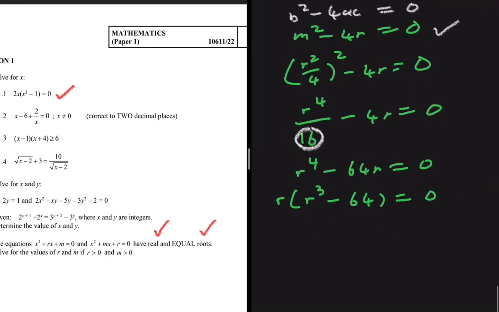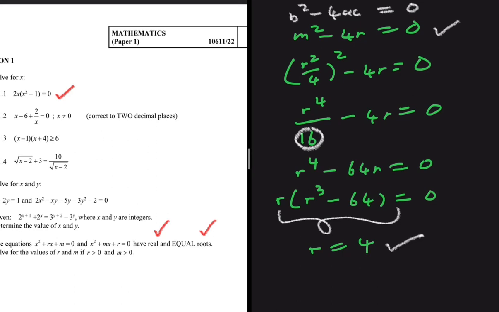The best approach in this situation would actually be using trial and error. You substitute 1, you substitute 2, you substitute 3, until you substitute 4, and then when you substitute 4, the left hand side is equal to the right hand side. So when r is equal to 4, our equation is satisfied. So now we have r is equal to 4.